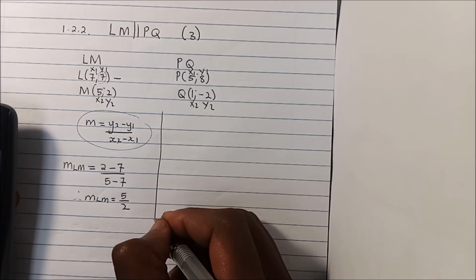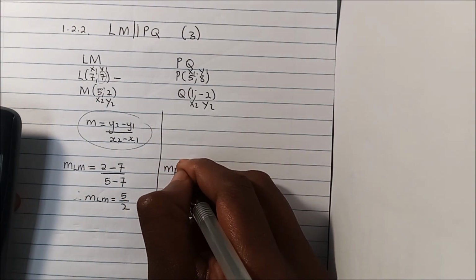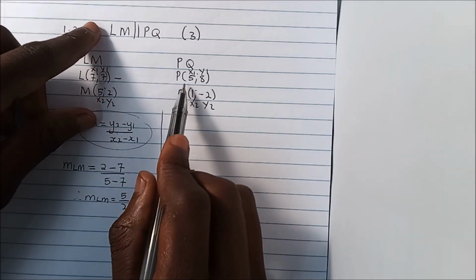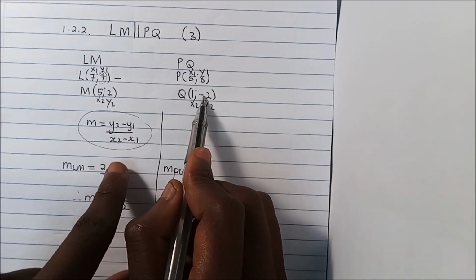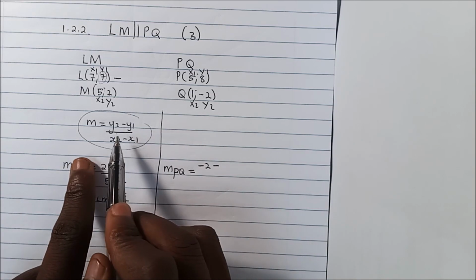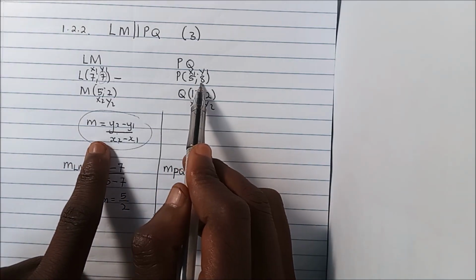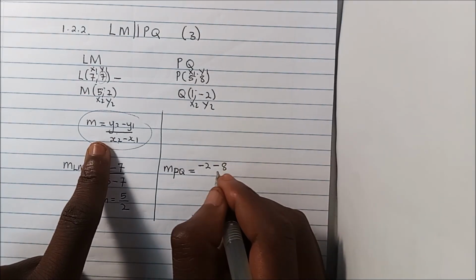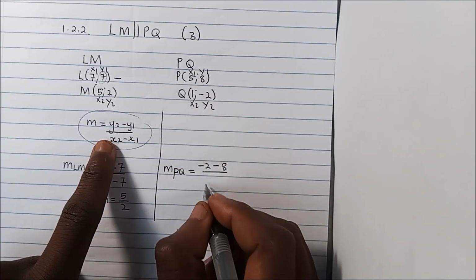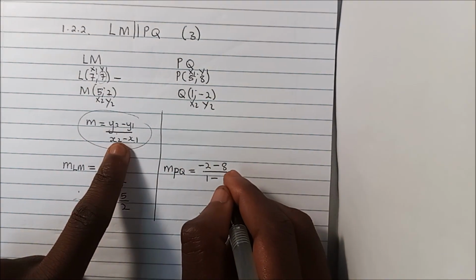So we're going to do the same thing with PQ. The gradient of PQ equals, we use the same formula. What is our y2 on the PQ side? Our y2 is negative 2. So we have negative 2 minus y1, which is 8, divided by x2, which is 1, minus x1, which is 5.